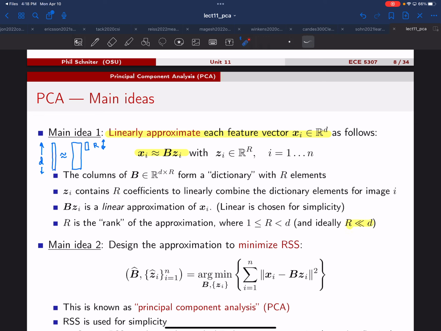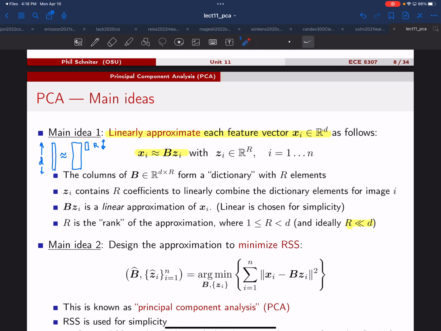Okay, so hopefully you can see how this matrix times this vector is something of this dimension, but essentially we're coding that particular face with just r numbers. So to get back that face, I need these r numbers, and then we also have this fixed matrix, which we call B, we're going to learn it for this entire data set.